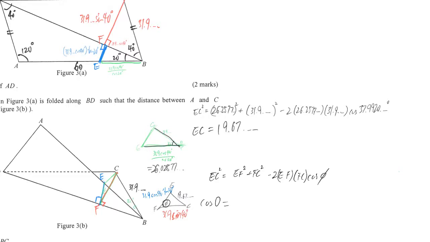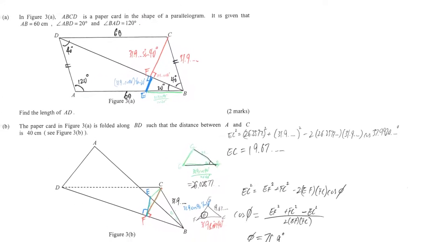So cosine phi is equal to EF squared plus FC squared minus EC squared, divided by 2 times EF and FC. You will get the answer later on: 71.9 degrees, by yourself.